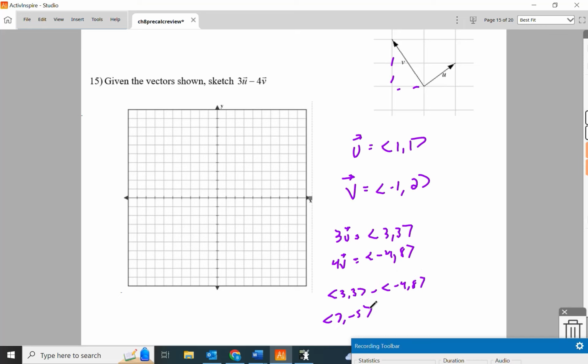So I need a vector that goes right 7 and then down 5. And that is this new vector, we'll just call it z, which is 3 u's minus 4 v's.